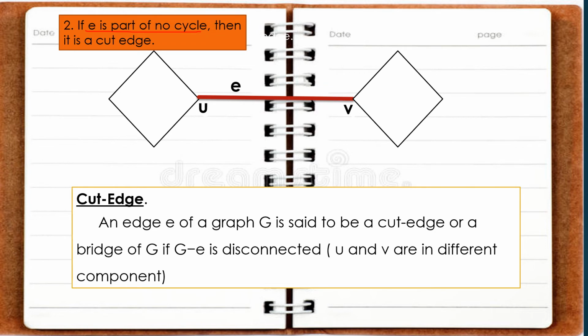We have to show here that if E is a cut edge, then G minus E is disconnected. Again, for us to show that E is a cut edge of this graph, G minus E must be disconnected, which means U and V are in different components.